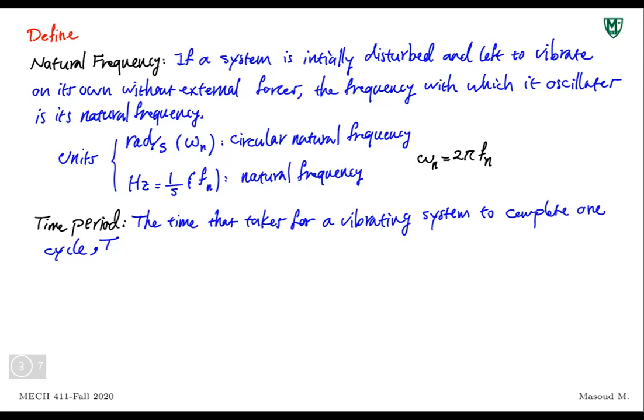Now, how do they relate? These two concepts also are related. Look at the time period. Time period is time, so the unit is second. And look at the natural frequency in hertz, it's basically just 1 over second. So you can easily see there is a relationship, right? Time period is 1 over frequency.